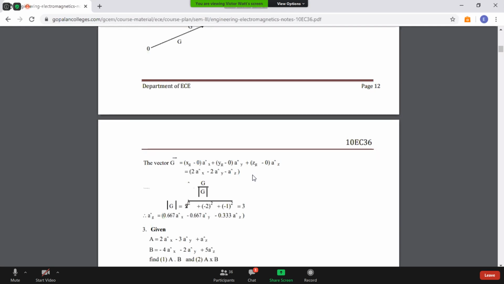Based upon our definition, the unit vector would be vector G over the modulus of G. The modulus of G would be the square root of 2 square plus minus 2 square plus minus 1 square. That equals 3. Agree?